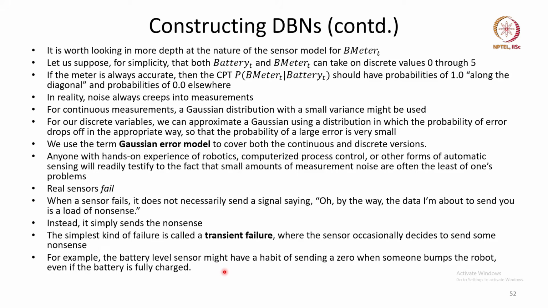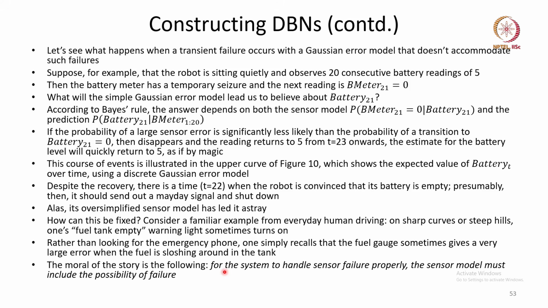Suppose the robot observes 20 consecutive battery readings at 5, then the battery meter has a temporary seizure. In other words, it doesn't work. We know how instruments stop working momentarily. So at the 21st time step, you are going to get the value as 0.